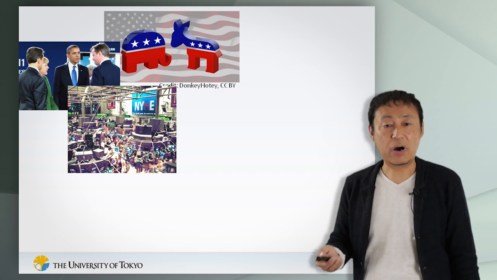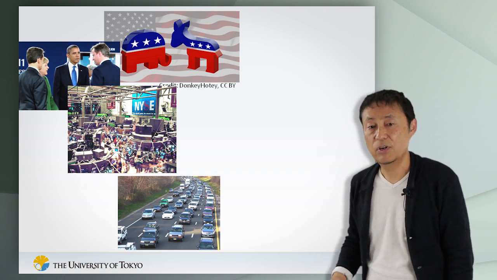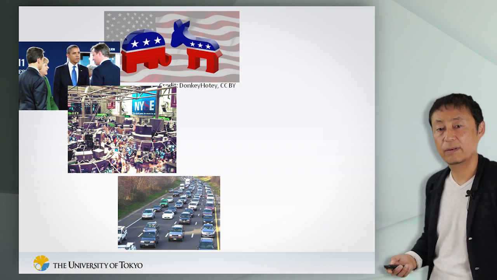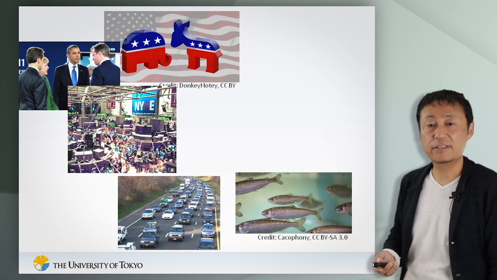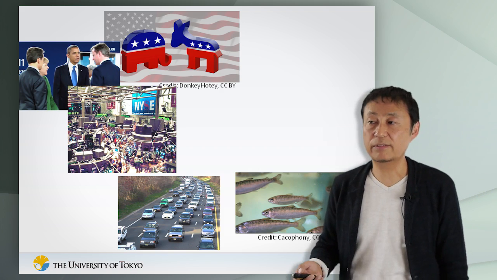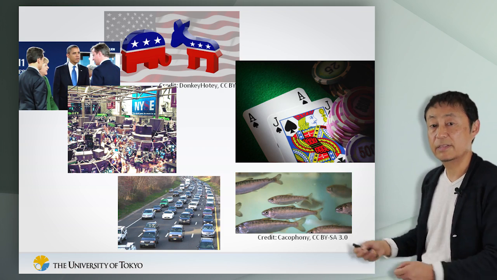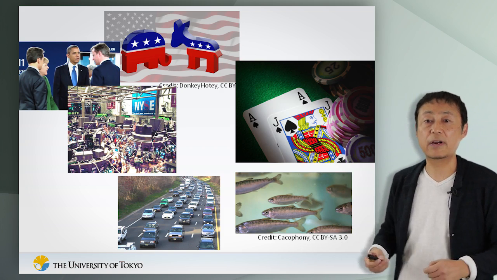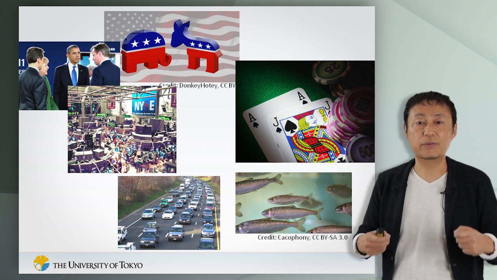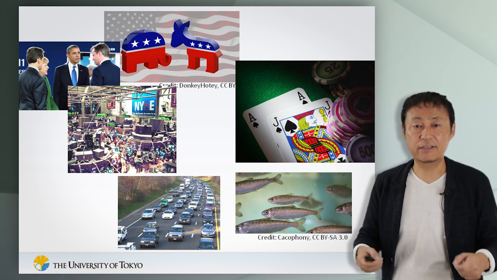And competition in markets, traffic on the roads, and struggle for existence of animals and plants. Those problems are similar to, say, a card game where individuals try to do their best against others.